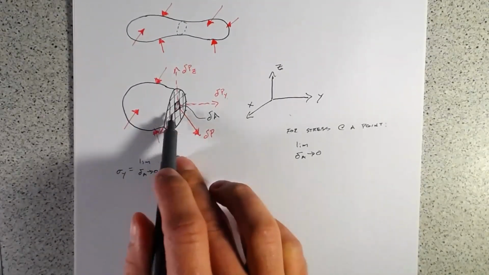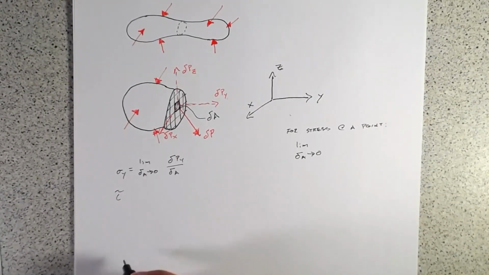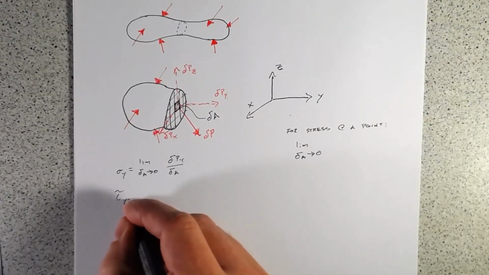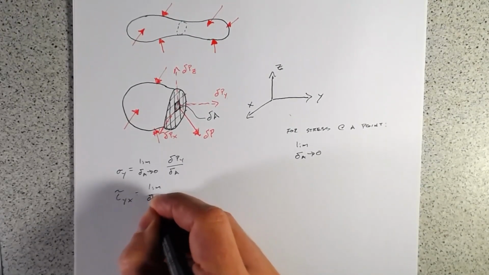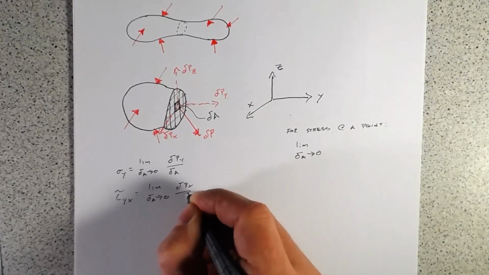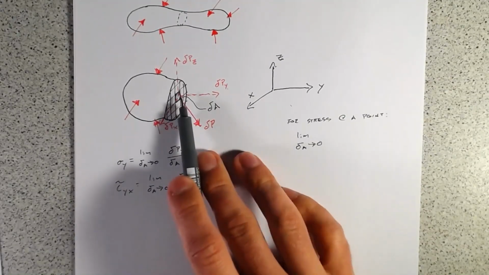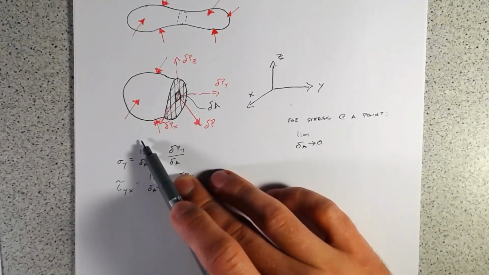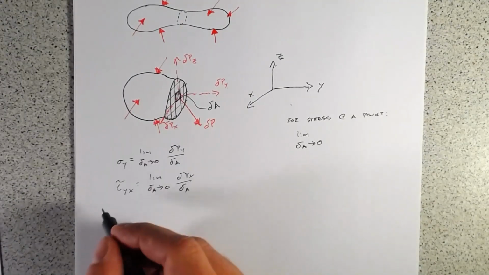The next, so that's our normal stress. Well, let's look at the two shear stresses we have. So we will do tau of y in the x direction is going to be the limit as delta A approaches 0 of delta Px over delta A. So we'll talk about these subscripts here in a little bit, but at this stage, just think, well, we've got a normal force here, but we've got one shear force in this direction, so the stress is going to be that force over that small area.